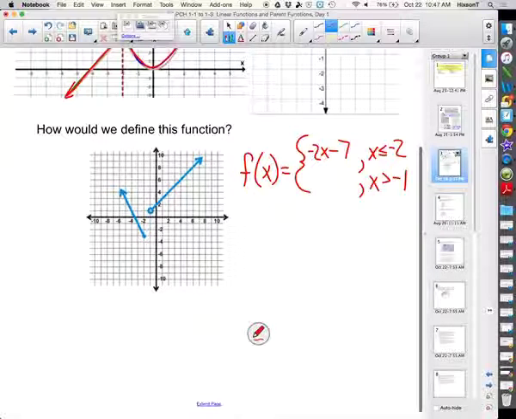And then we have to find the equation of this piece. x plus 2. Good, x plus 2. The slope here is 1 because we keep going up 1 over 1, up 1 over 1, up 1 over 1. And then we're crossing the y-axis right there at 2, so it's x plus 2. Alright, so there's the definition of that function.